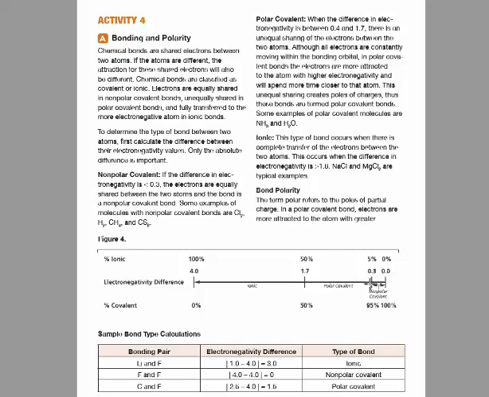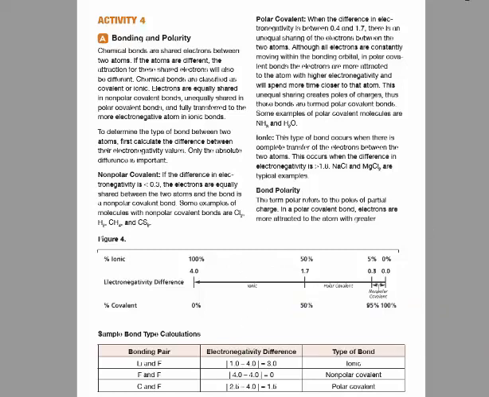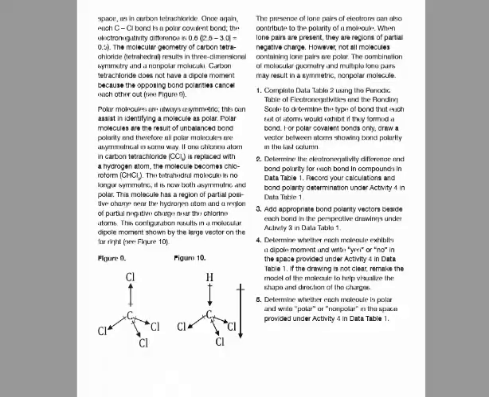If the difference in electronegativity is greater than 0.3, up to 1.7, then that bond is going to be considered to be polar covalent. And if the difference in electronegativity is greater than 1.7, the bond is ionic. Now again, when we're looking at this difference of electronegativity, it is just the absolute value of the difference.